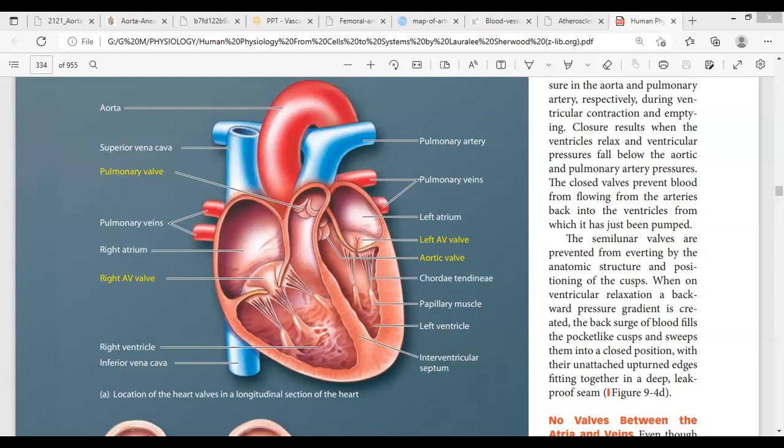Okay. So we already have a diagram. Does someone want to just take us through the anatomy of the heart? Because for the anatomy, there's nothing much to be discussed.